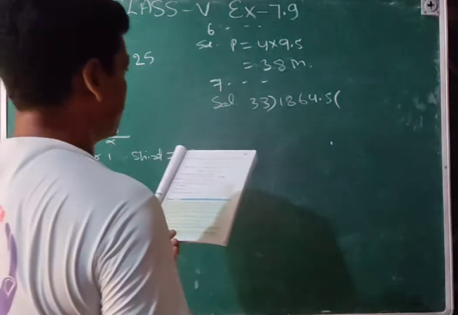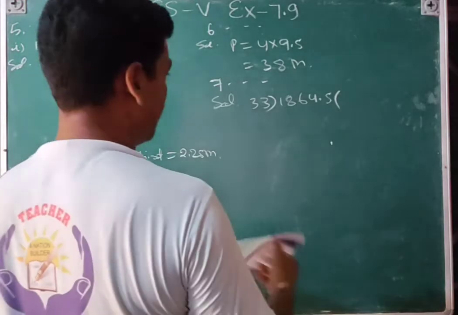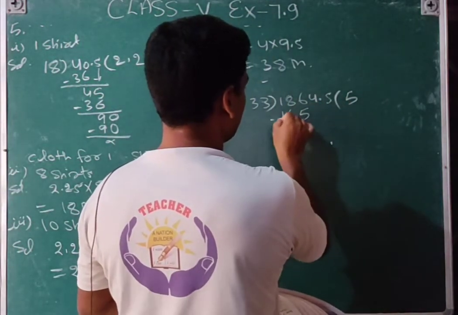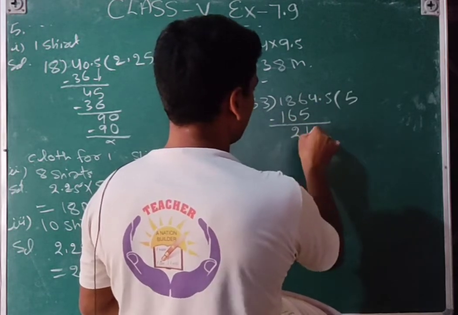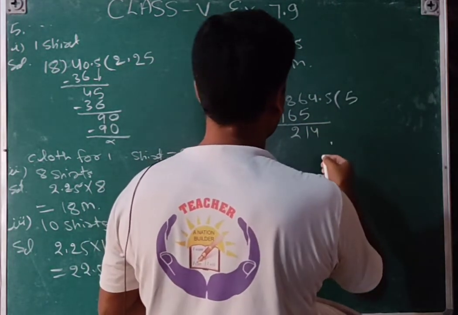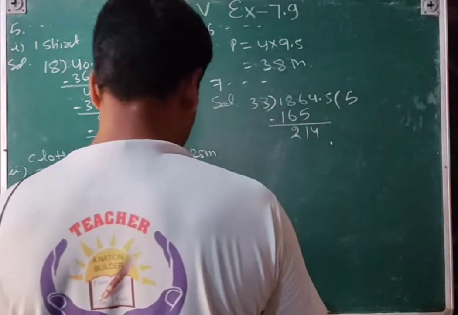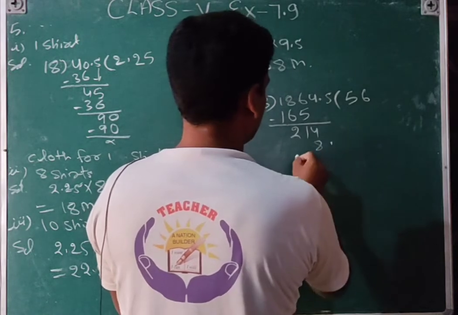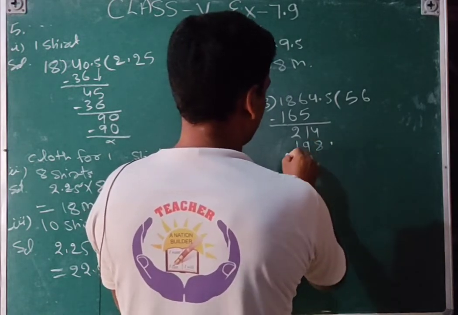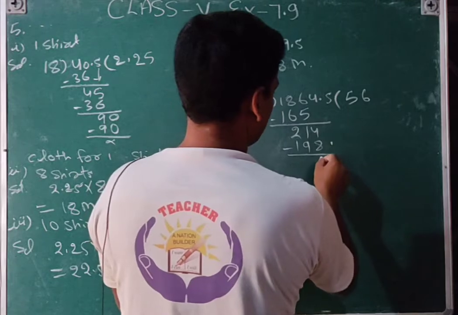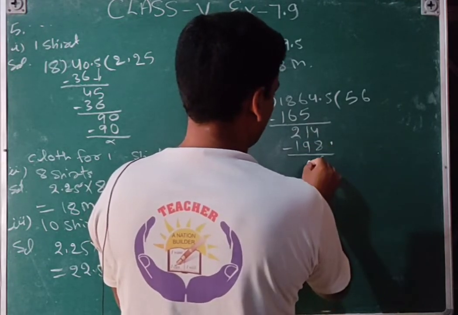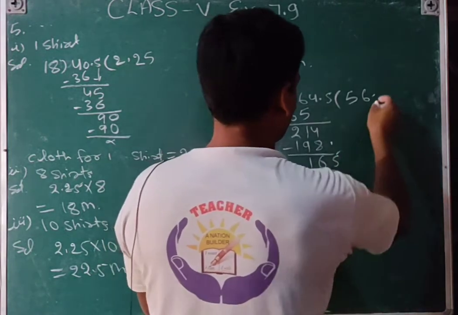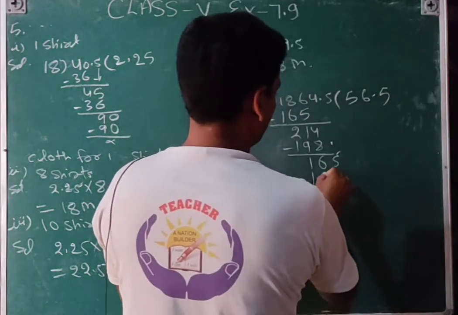First it goes 5 times. 5 threes are 15, 5 threes are 15, 1, 16, and then 1, 2, that 4. Again it will go 6 times. 6 threes are 18, 6 threes are 18, 1, 19, and then 14 less 8 is 6, 10 less 9 is 1, and then decimal 5. That will go 5 times.